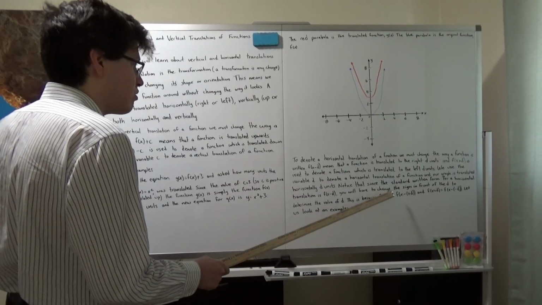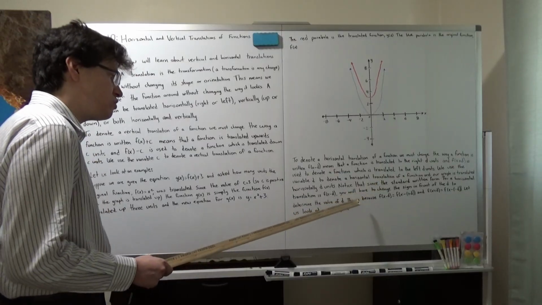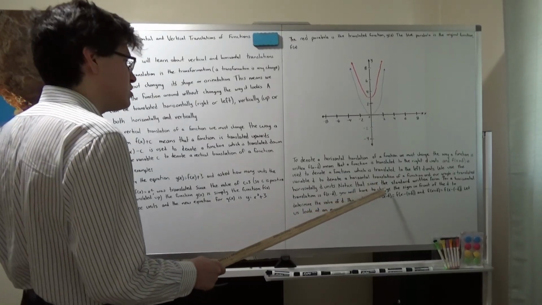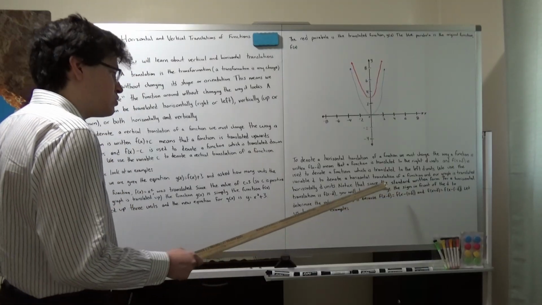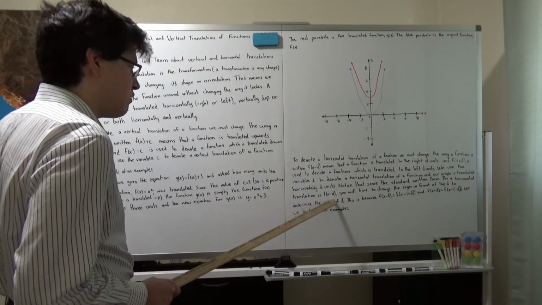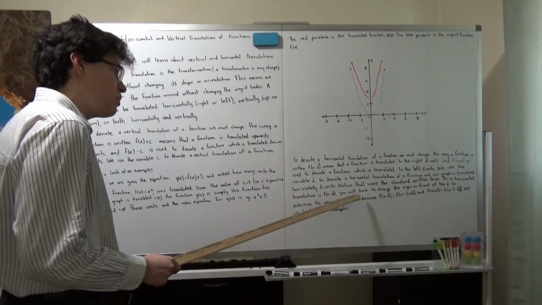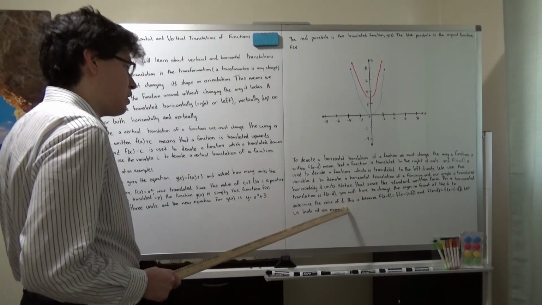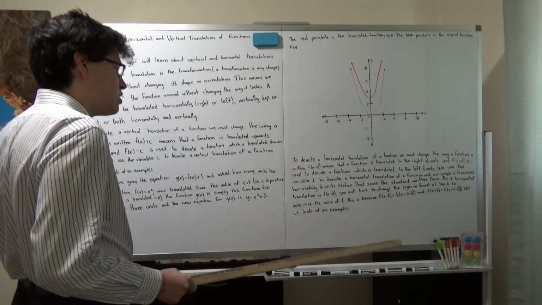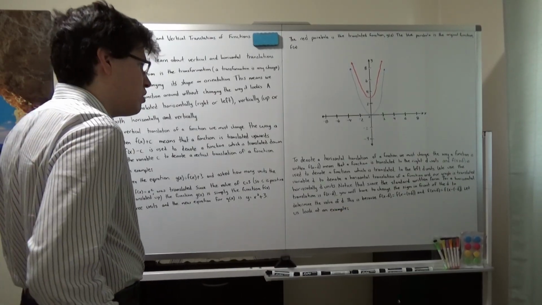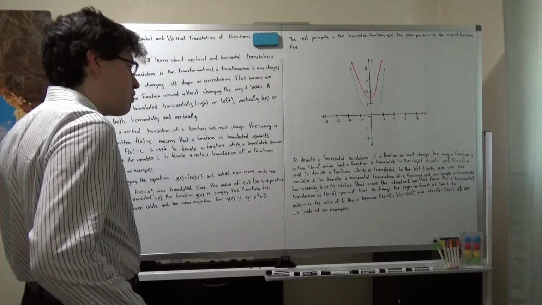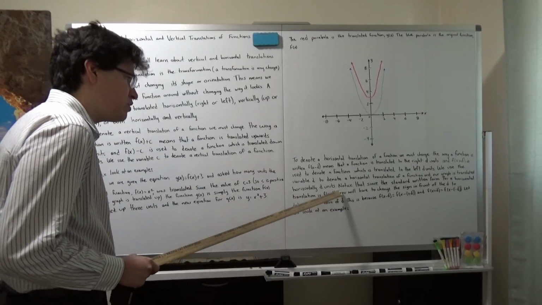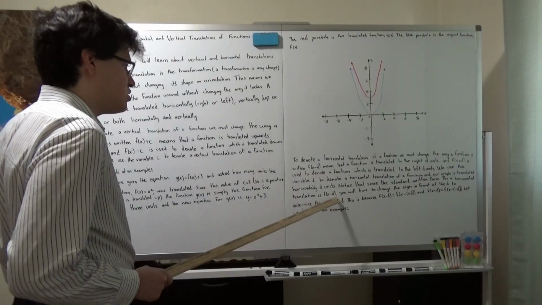Notice that since the standard form for a horizontal translation is f of x minus d, you have to change the sign in front of the d to determine the value of d.